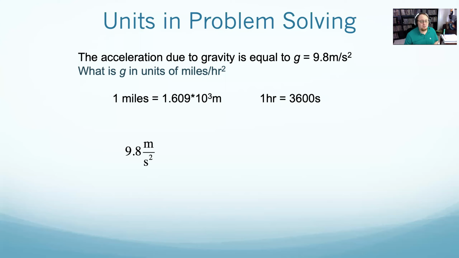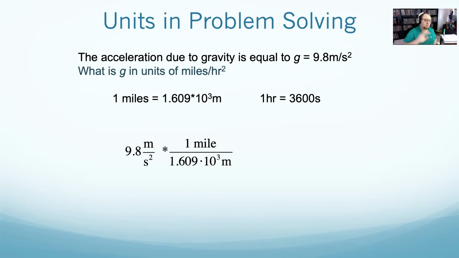And so if I wanted to do this conversion, I'm going to either start with the meters or the second squared. Doesn't matter which. I started with the meters because I felt like it. And I'll multiply by a ratio to cancel out the meters and get miles. And I'll say that 1 mile is 1,609 meters.